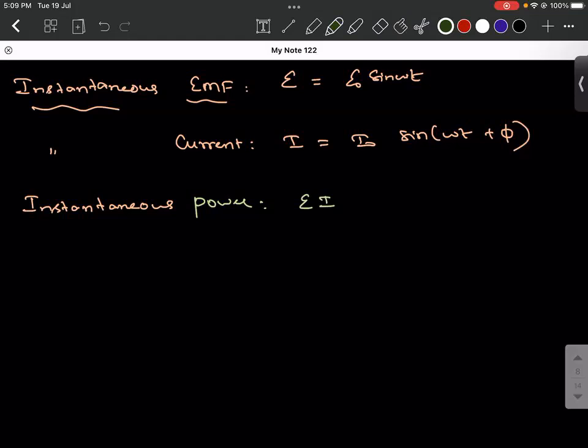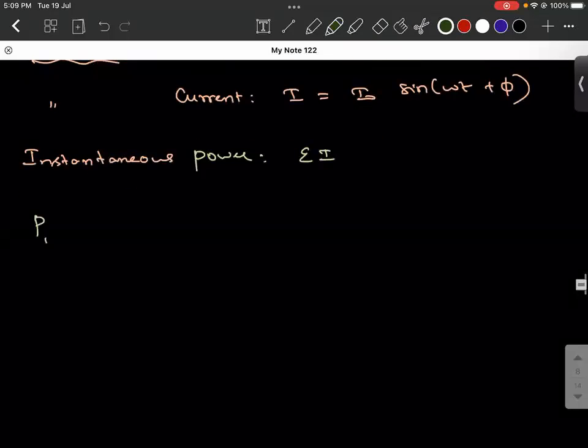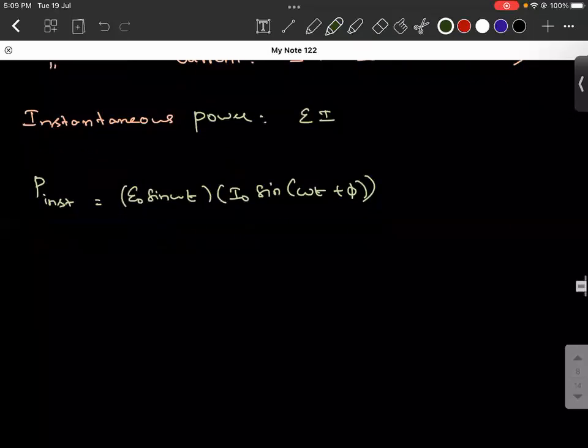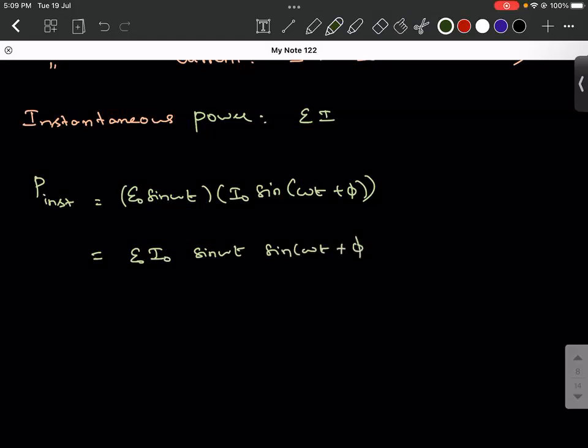So can I say P instantaneous is equal to E naught sine omega t multiplied with I naught sine of omega t plus phi? So this will be equal to E naught I naught into sine omega t into sine of omega t plus phi. Is that right?